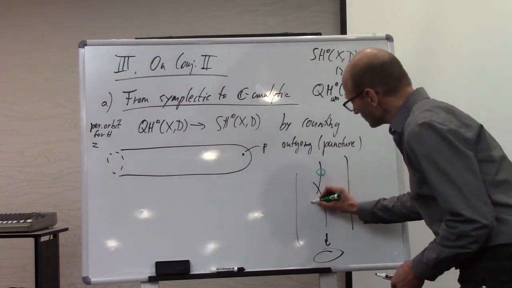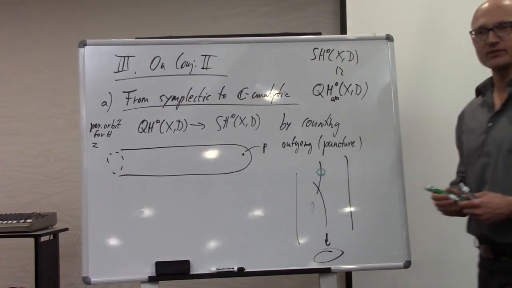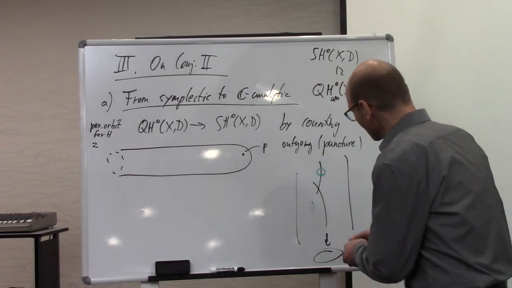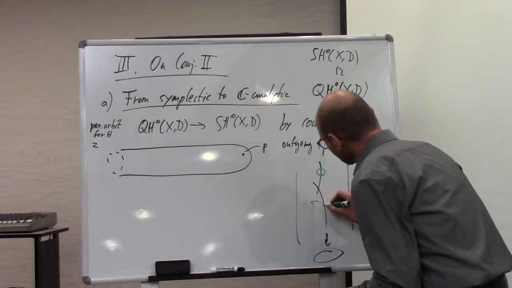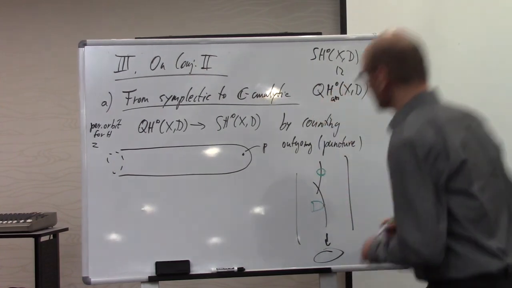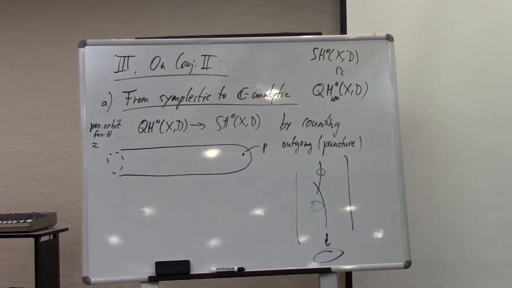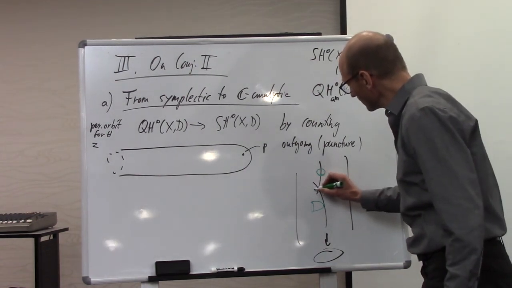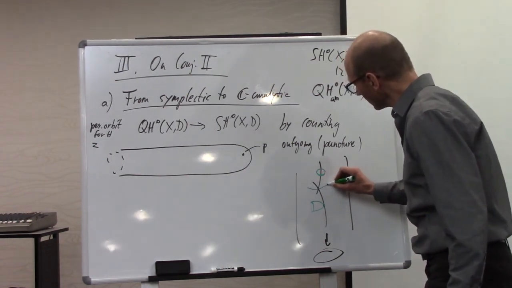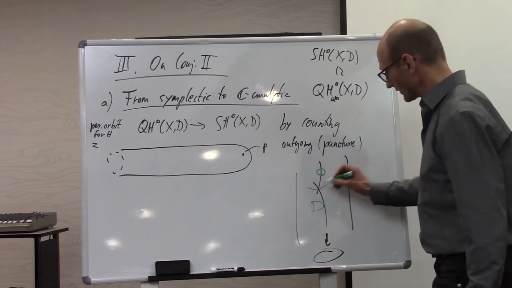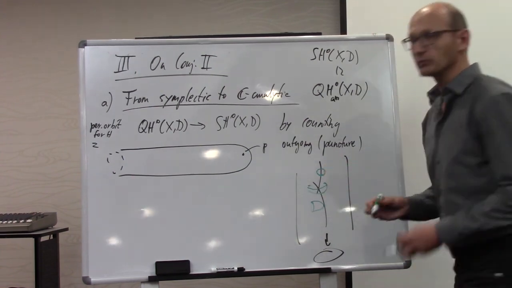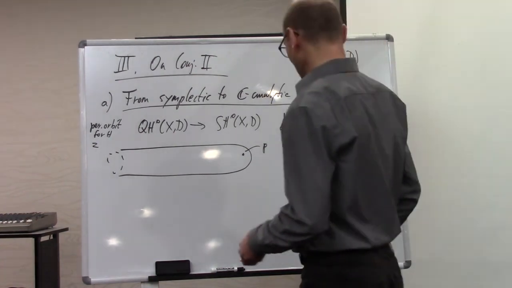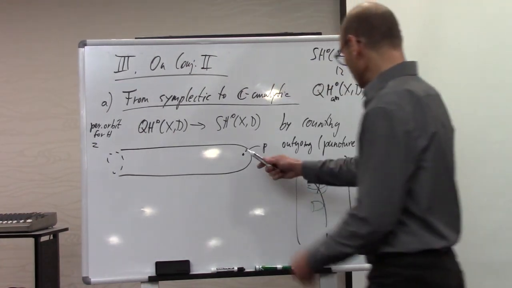But actually, maybe just for artistic purposes, let me draw it here. And then you have a little disk touching the center fiber at a point. Actually, most of these things will touch deeper points. Okay, so you take a multi-section through this, and that has a boundary, and that would be the periodic orbit, approximately. Okay, so these are the objects you count.